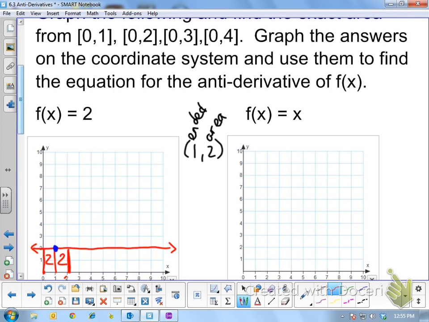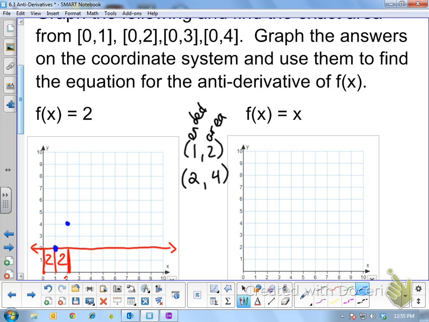So what's our total area from 0 to 2? 4. Okay, so our next coordinate would be (2, 4). We're coming up with a function. We call this accumulating area.